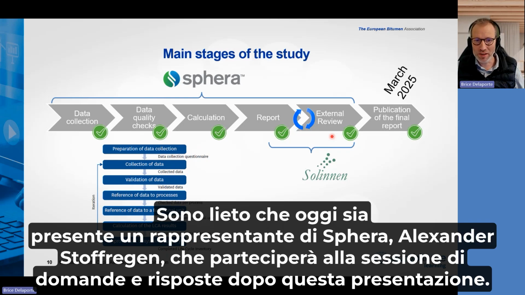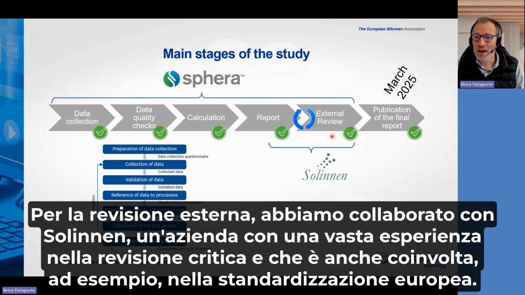And I am pleased that we have a Sphera representative with us today, Alexander Stoffringen, who will take part in the Q&A session after this presentation. For the external review, we worked with the company Solinen, which has great experience in critical review and is also, for example, involved in European standardization.